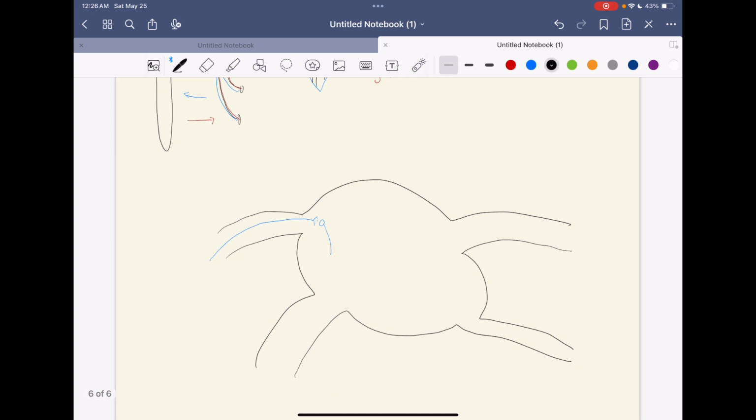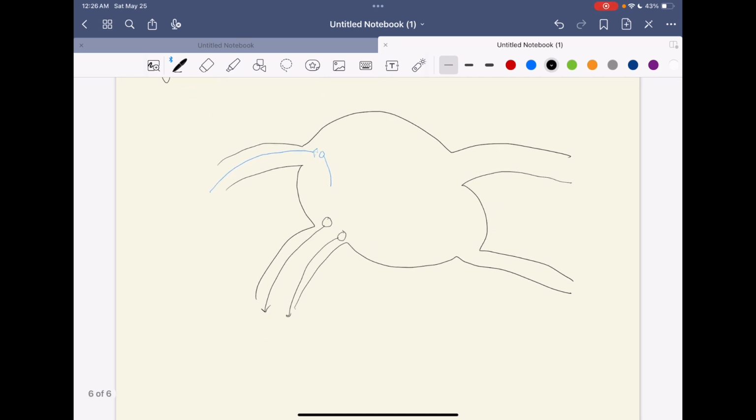So we have a synapse here and a synapse here, both headed back out of this root. This is our alpha motor, and this is going to be the antagonist.